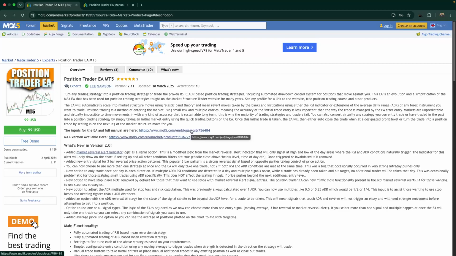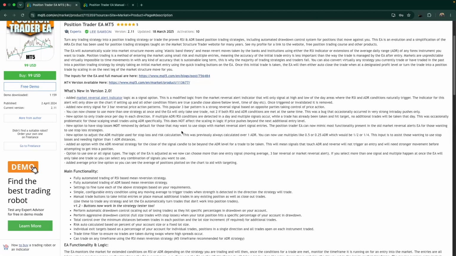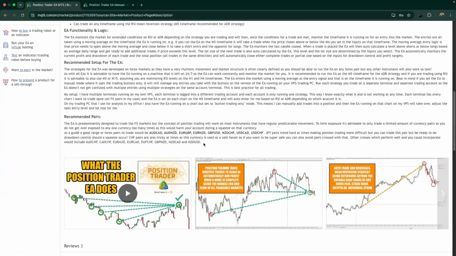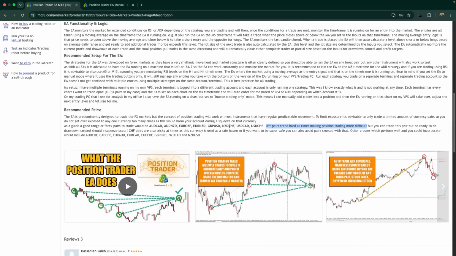It aims to take high probability setups on pairs like AUDNZD, EURGBP, EURNZD, GBPUSD, and so on. The developer says JPY pairs are not really for this expert advisor because they can trend hard at times, making position trading difficult. But if you want to risk it, you could still trade the JPY pairs, though he doesn't recommend it. The developer emphasizes disciplined trading with timed exits and session control rather than aggressive scalping.